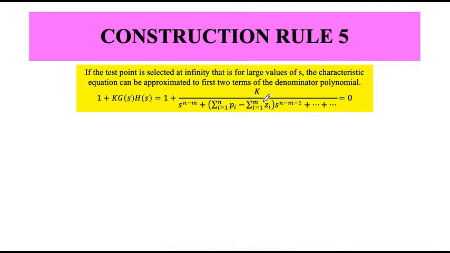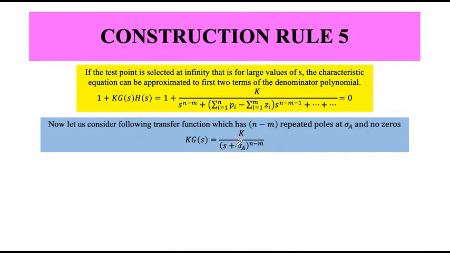Now let's do something else. Let me start with a transfer function which has n minus m. I am taking a system with a transfer function that has a repeated root at sigma a and no zeros.